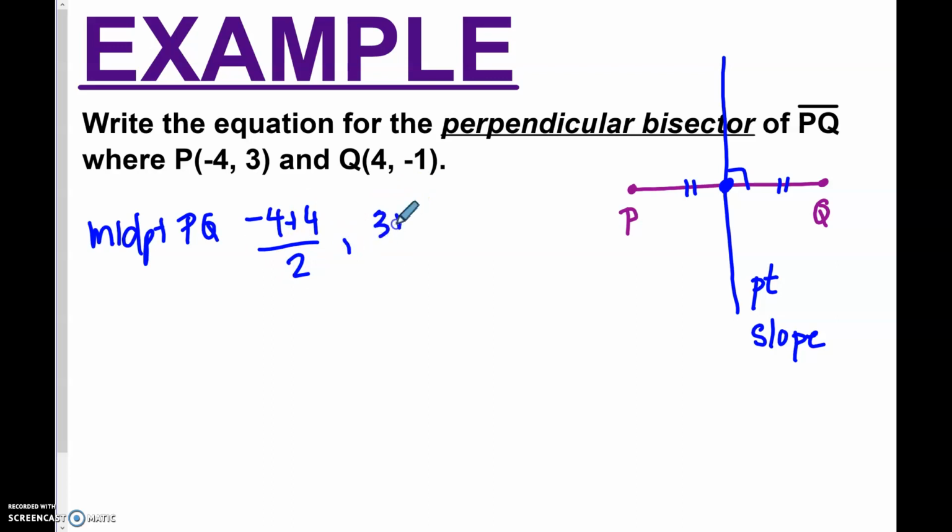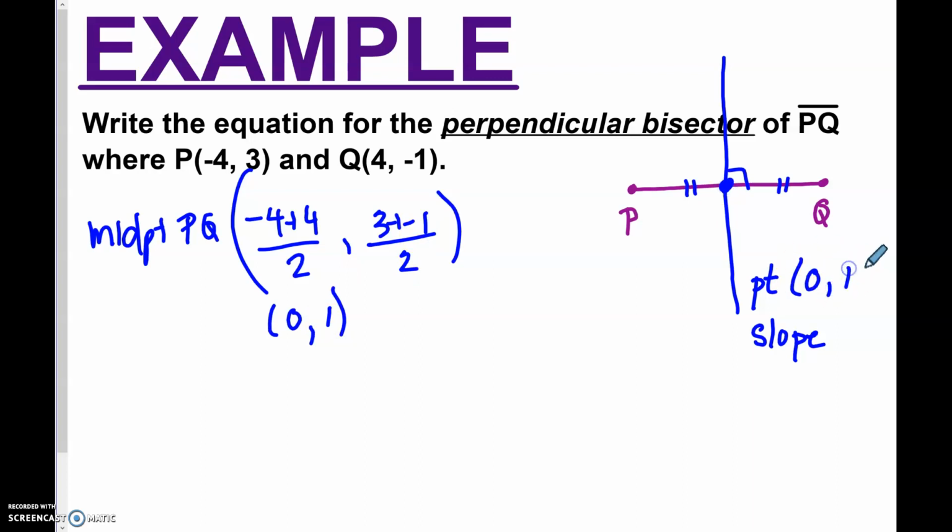We add up the two y values and divide by 2. So negative 4 plus 4 is 0, divided by 2, so we're just going to get 0, comma, 3 plus a negative 1, so that's a positive 2. 2 divided by 2 is 1.